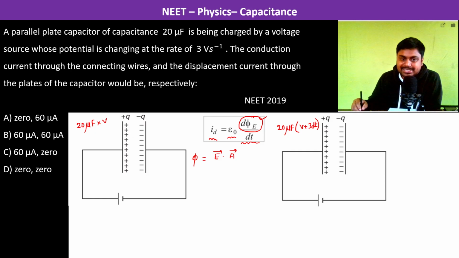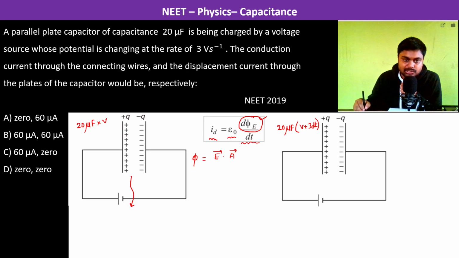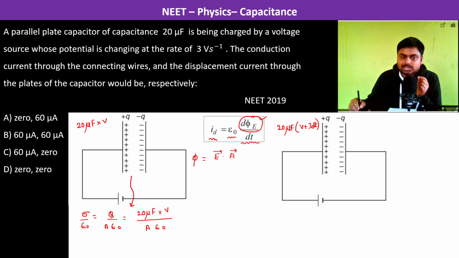Now what is the electric field here? The electric field in the space of the capacitor is sigma by epsilon naught, which is basically Q divided by A into epsilon naught. What is Q? It is 20 microfarads into V divided by A epsilon naught. This is the electric field.